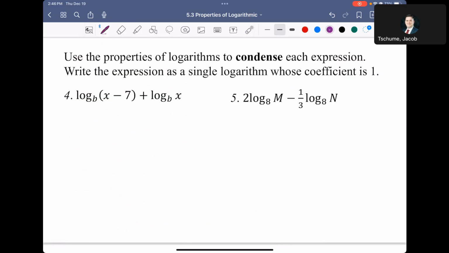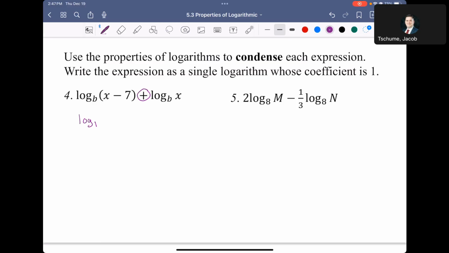So on number 4, you have log base b of x minus 7 plus log base b of x. When you're condensing, you have to see what's happening between your two logarithms. In this case, these two logarithms are being added. Going back to our rules, when two logarithms are added together, you put them together with multiplication.